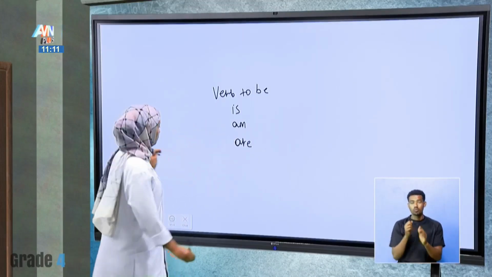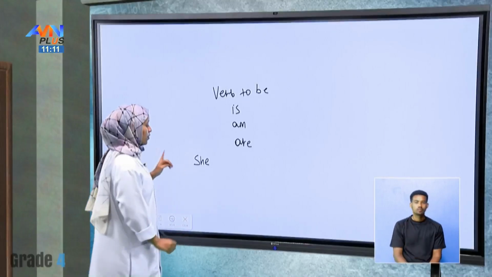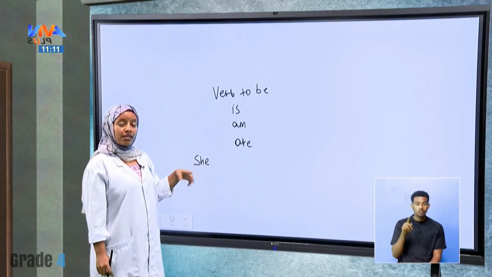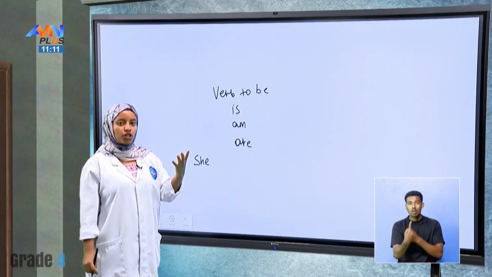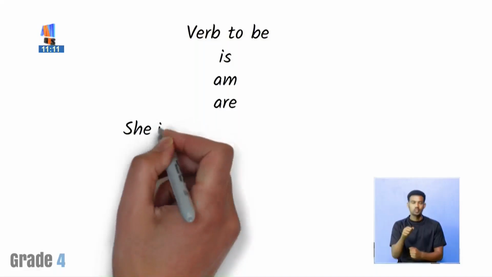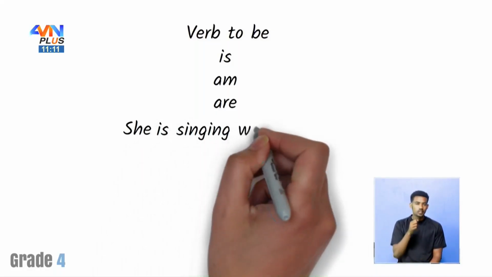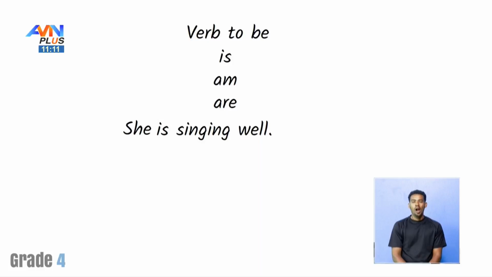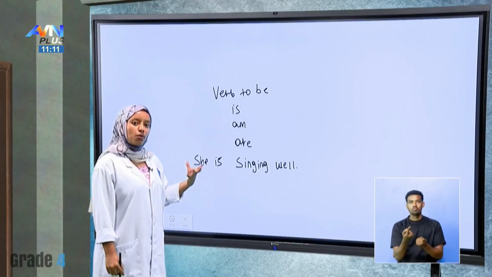For example, she, what is it? Singular subject. So she is singing well. Is goes with a singular pronoun or subject.